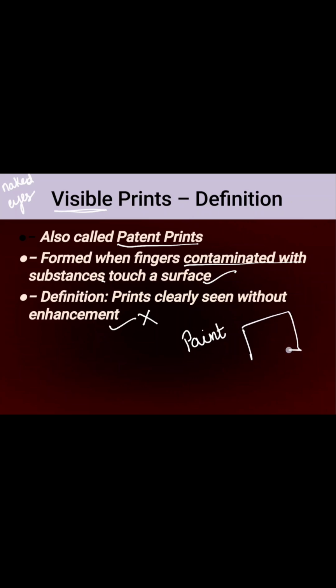Of course, on the wall you can see your hand print, right? It's clearly visible that some kind of print is there on the wall, because your hand was contaminated with some substance and then you touched the other surface, that is the wall. You can easily see the print. That is known as a visible print, and this is the definition of that.